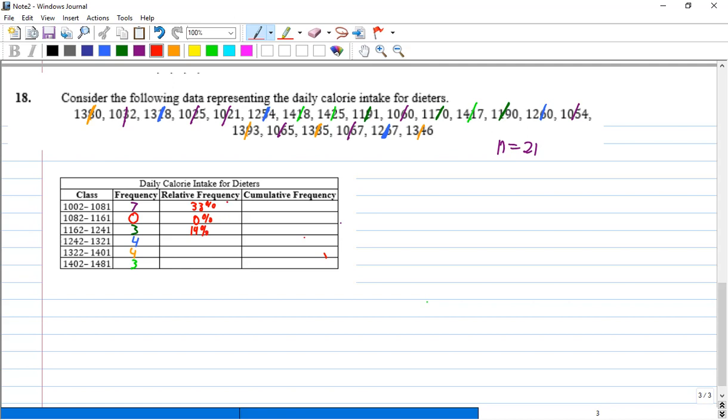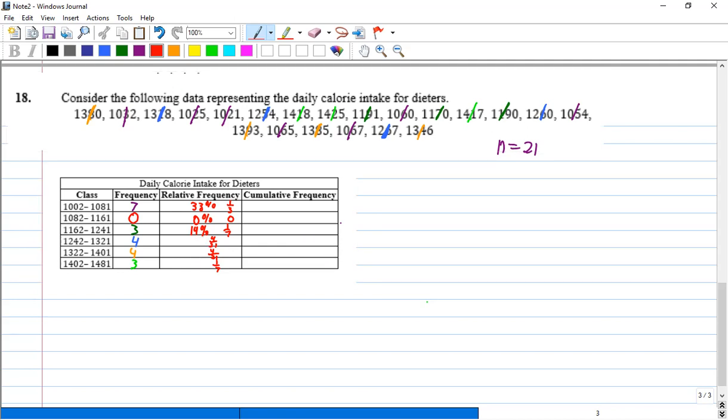We could put the fraction beside it, 7 over 21, which is 1 over 3. Then 0 over 21. And then 3 over 21, which is 1 over 7. Then 4 over 21. We'll do the percentage for that in a second. And the last one would be 3 over 21, which is 1 over 7.